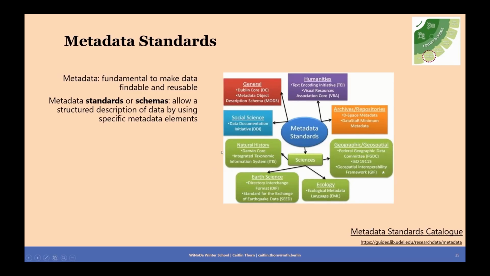There are a few like Darwin Core, Integrated Taxonomic Information System. There's Ecological Metadata Language. There are different geographic standards. Every field has so many metadata standards, so you need to find which one's going to suit your data. And there is a link to a metadata standards catalog that can help you with that.